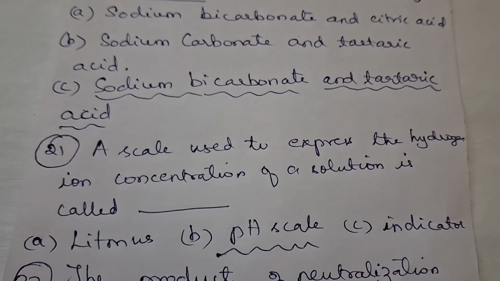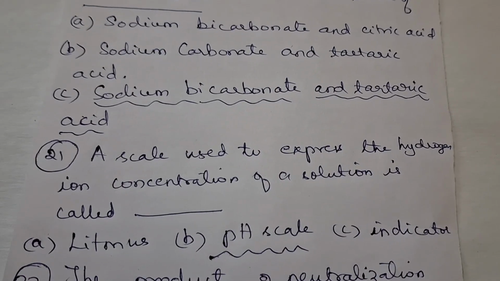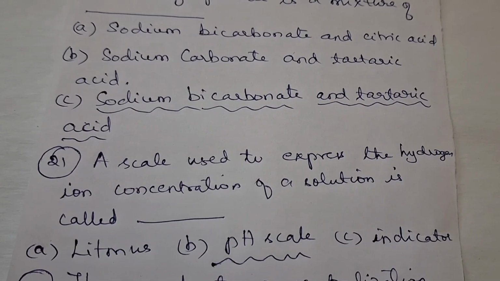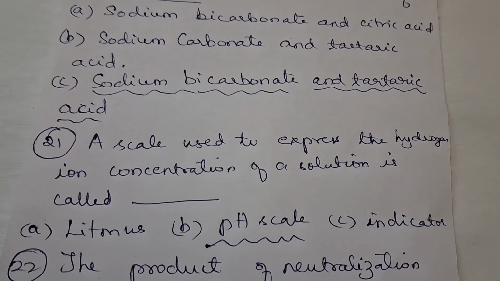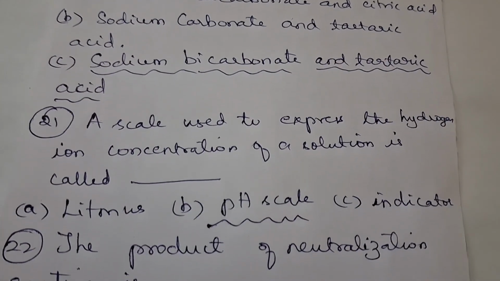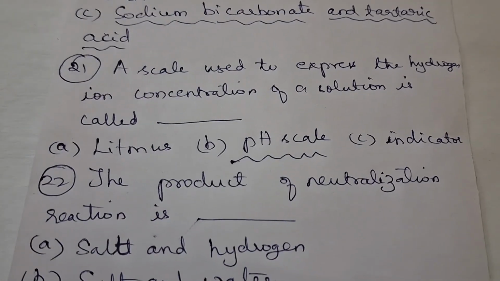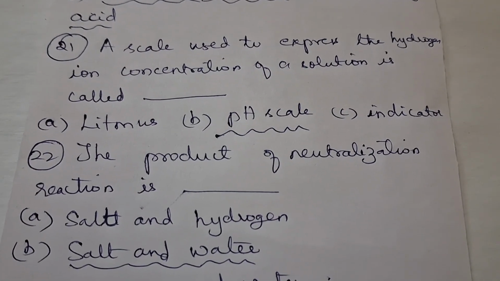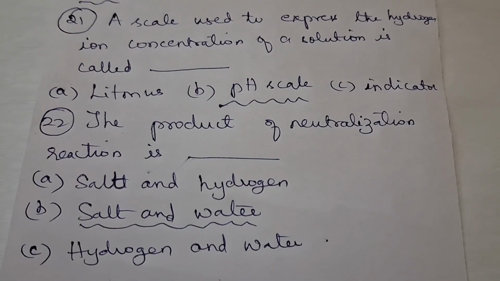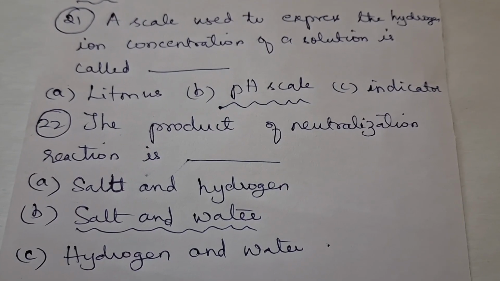A scale used to express the hydrogen ion concentration of a solution is called dash: litmus, pH scale or indicators. The pH scale is the answer. The product of a neutralization reaction is salt and hydrogen, salt and water, or hydrogen and water. So the answer is salt and water.